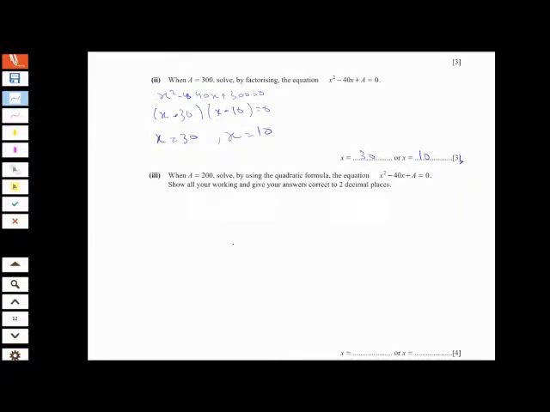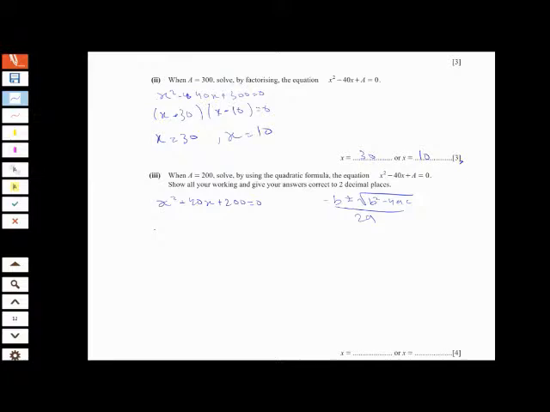Now when a equals 200, solve by using the quadratic formula. The new equation looks like this: x squared minus 40x plus 200 equals 0. The quadratic formula is negative b plus or minus the square root of b squared minus 4ac, over 2a. Substitute the values.